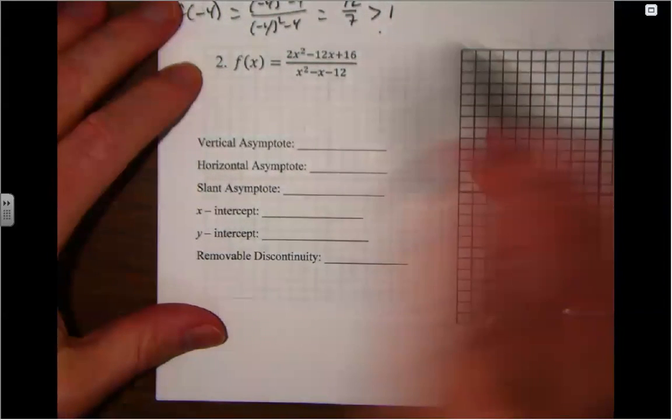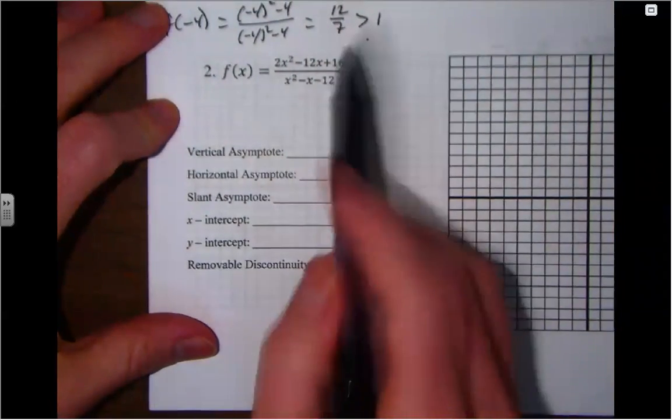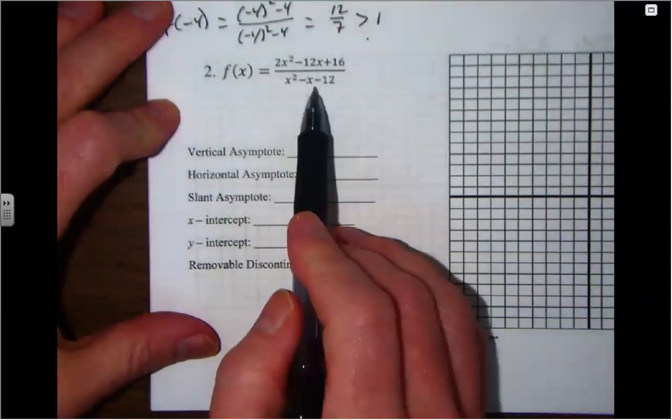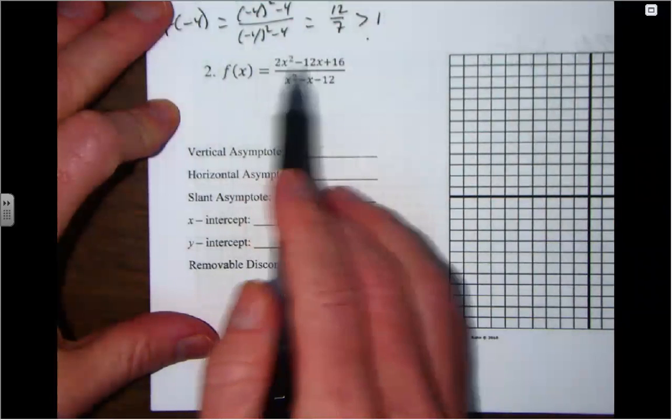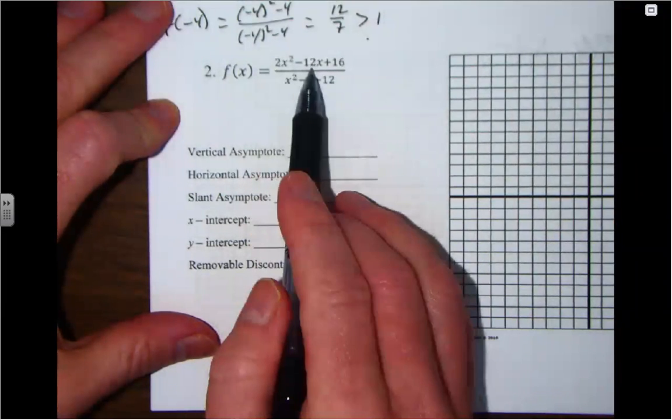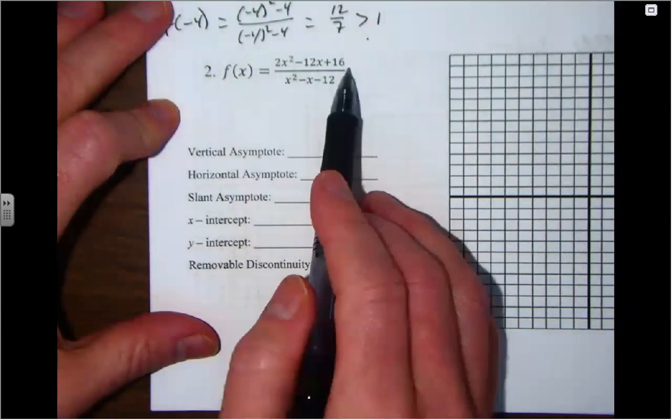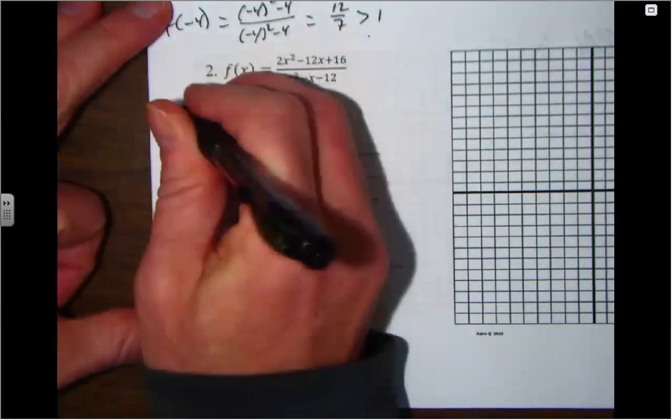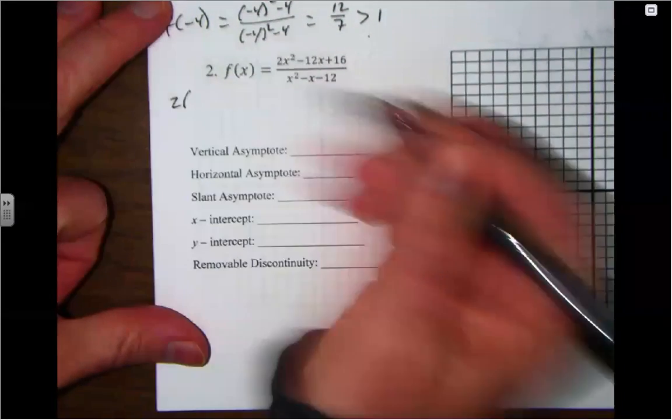So number 2, again, look and see if you can factor. Notice the first thing I see on top, 2, 12, 16, I can divide all of those things by 2. So I'm going to start off just by taking the 2 out.